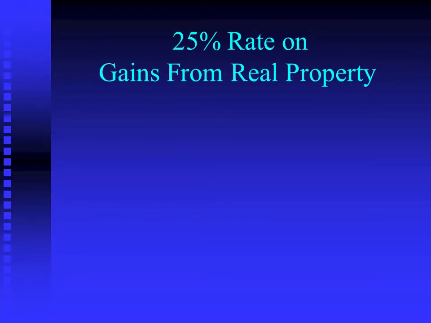And this is a good time to talk about that 25% tax rate on the gains from real property. So remember, way back in chapter 10, we said that a certain portion of the gains from selling real property can be taxed at 25% instead of the 15%. And once again, that rate just exists because giving all capital assets a 15% tax rate was just too expensive.